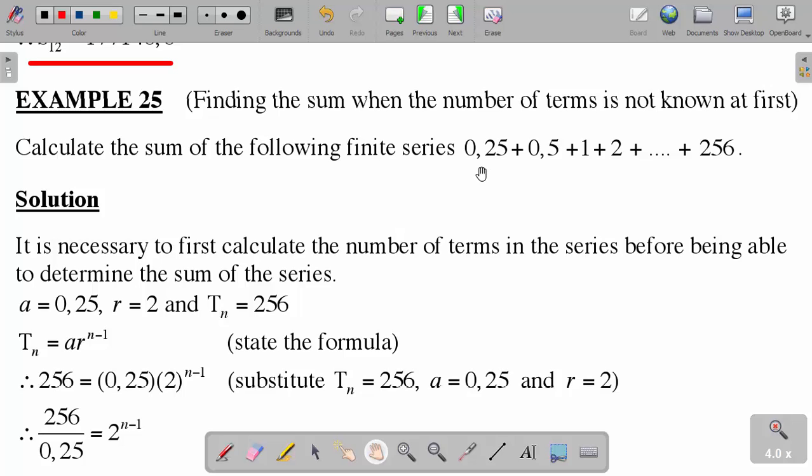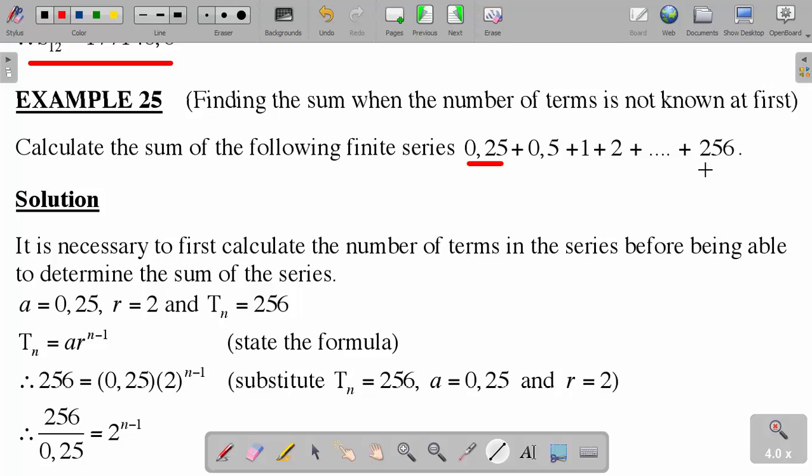So from the given information, we can get our first term, which is 0,25. We can get our common ratio by dividing any consecutive terms, that is to say 2 divided by 1. It gives our common ratio as 2.